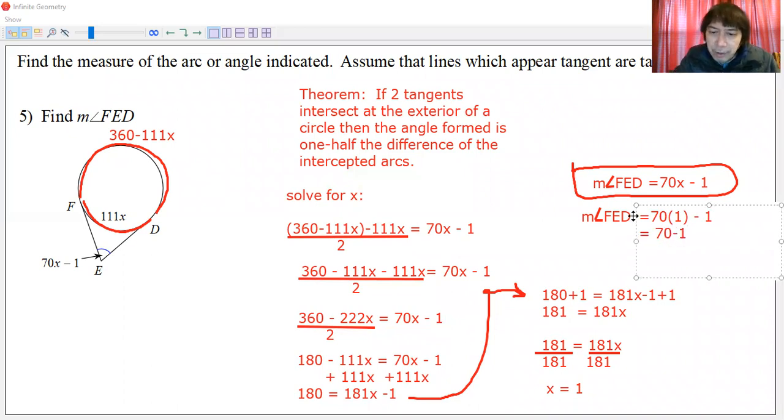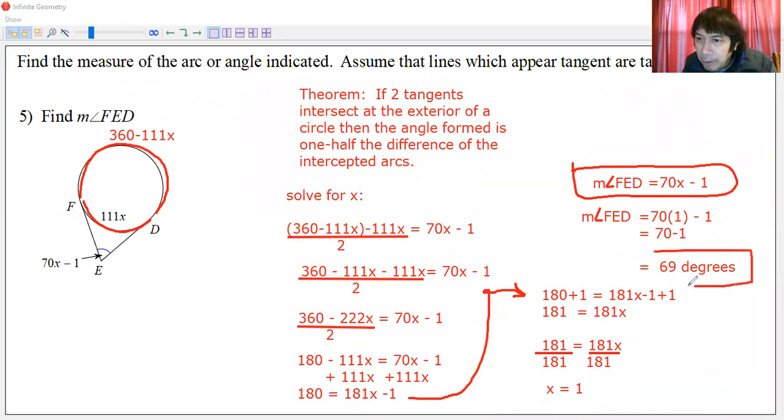So the final answer must be 69 degrees. This will be our final answer. We can check and verify. This is 69 degrees, and this must be correct.